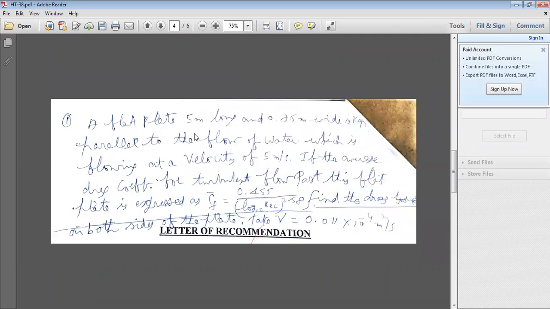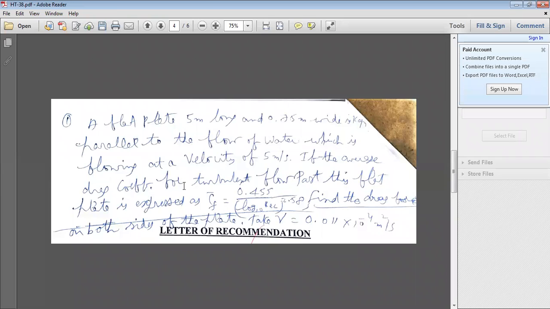A flat plate 5 meters long and 0.75 meters wide is kept parallel to the flow of water, which is flowing at a velocity of 5 meters per second.